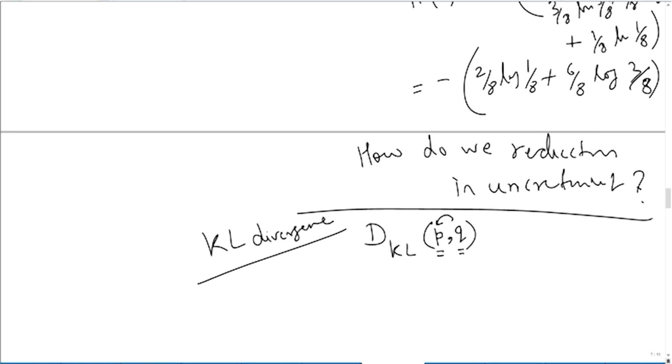So, if we just take the negative of KL divergence, that would be a measure of reduction in uncertainty. So, you have two distributions now, P and Q. When we try to predict this distribution P using probabilities from this distribution Q, then how much uncertainty increases or is induced.